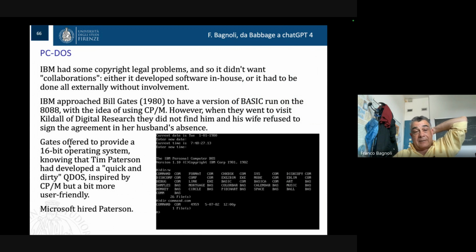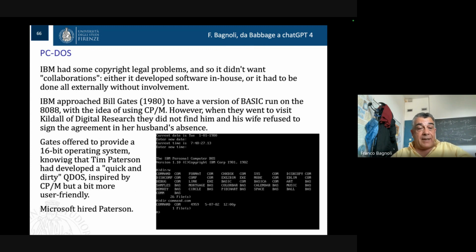Actually, he had absolutely nothing about the DOS, but he knew that another researcher, I think a private person, had been developing a quick and dirty DOS similar to CP/M, more user-friendly and clearly less sophisticated.